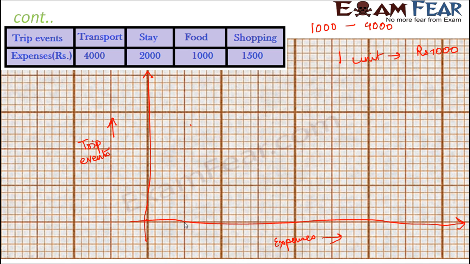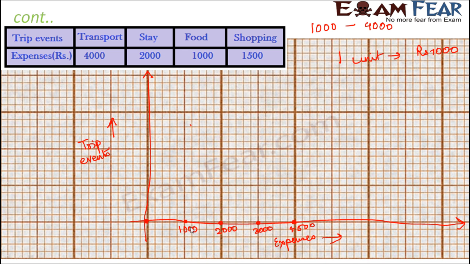That means 1 square would represent, so from here till here, this 1 square is representing 1000. So let's say if this is 0, this is 1000, this is 2000, this is 3000, this is 4000, and so on.